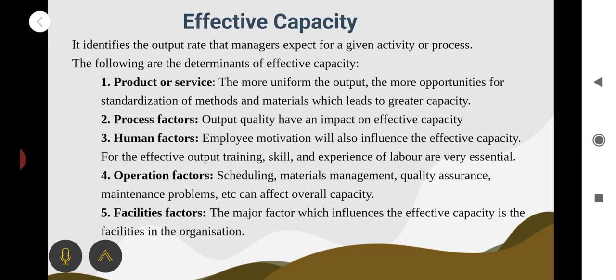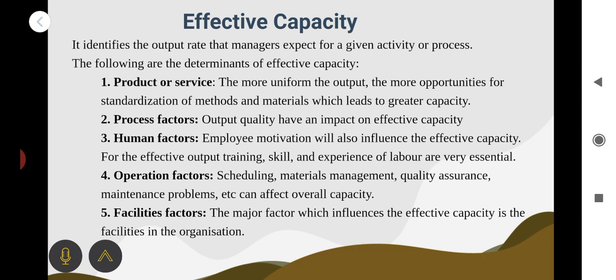There are many factors that influence the effective capacity: product or service, process factors, human factors, operational factors, facilities factors. First one, product or service. The more uniform the product, the more opportunities for the standardization of methods and materials, which leads to greater capacity. Process factors, such as output quality, have an impact.